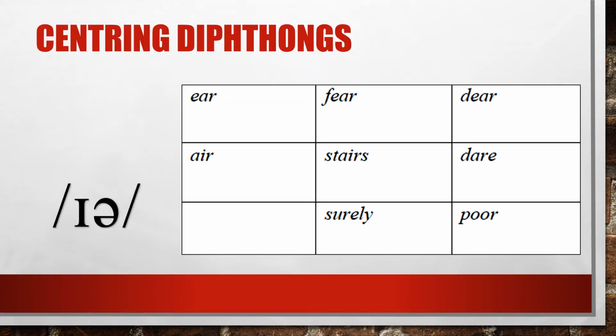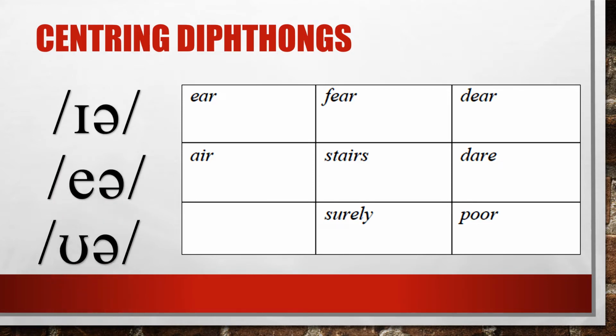Centering diphthongs are called centering because the second element, as you can see here, is the central vowel schwa. Now let's make a comment before we present these sounds. These centering diphthongs in current British English nowadays are coming out of fashion.